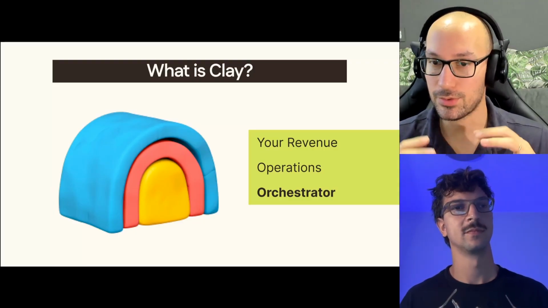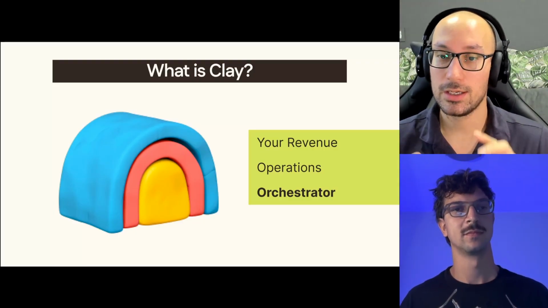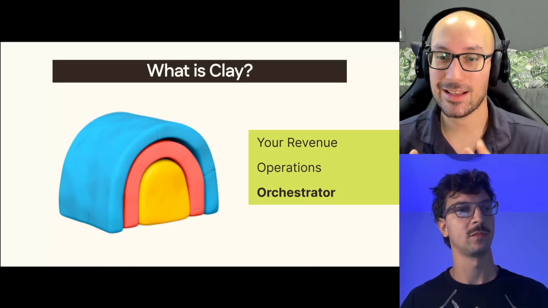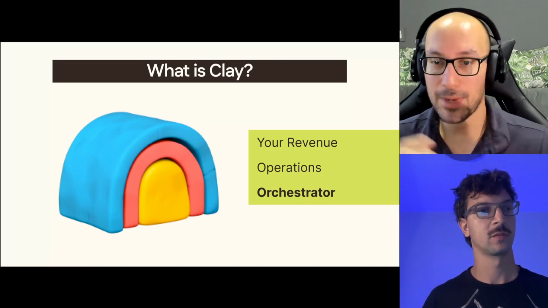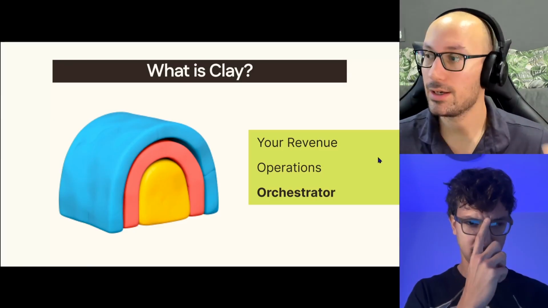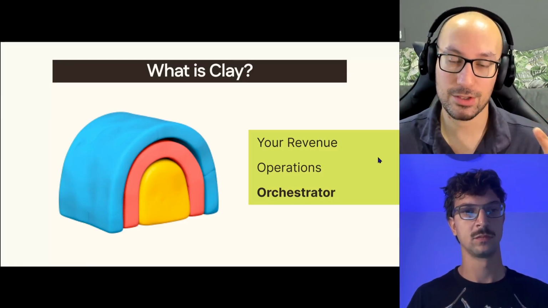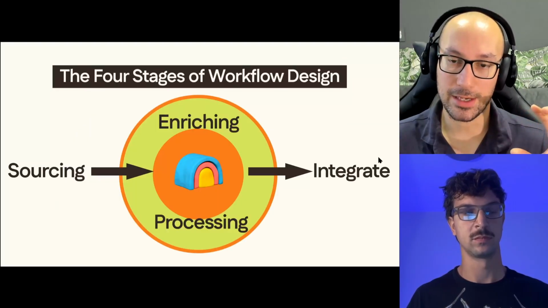You will be able to connect your CRM as well, detect opportunities in your CRM, or just update the data that you have in the CRM. So there are many use cases that you can do on Clay. Today we're going to discuss how you can activate your website visitors using Clay and other tools.